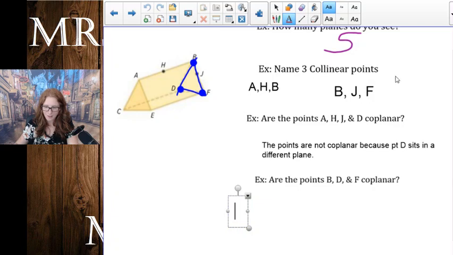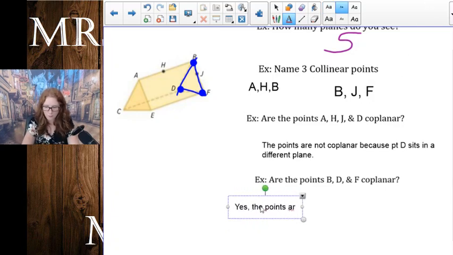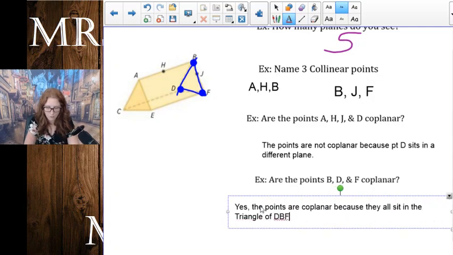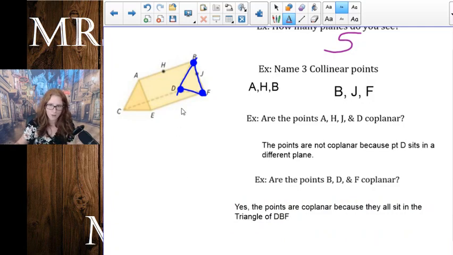So because they're in the same area, they are coplanar. Because they sit in that triangle of DBF, they are all considered coplanar.